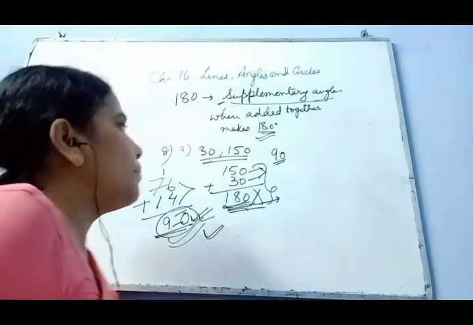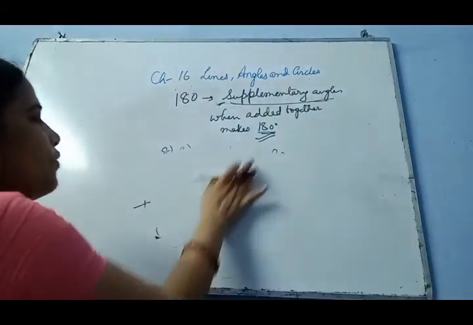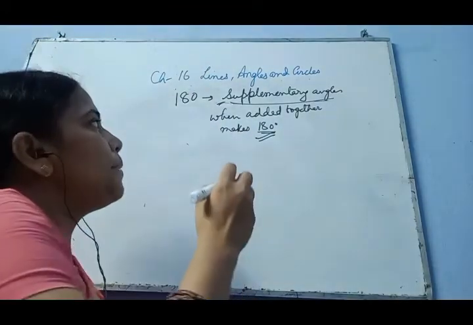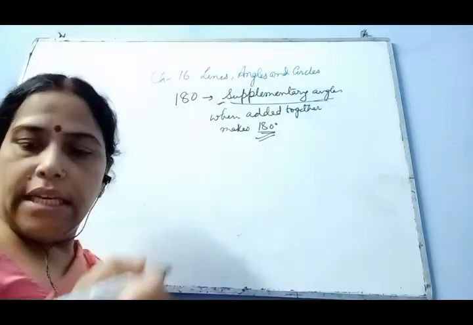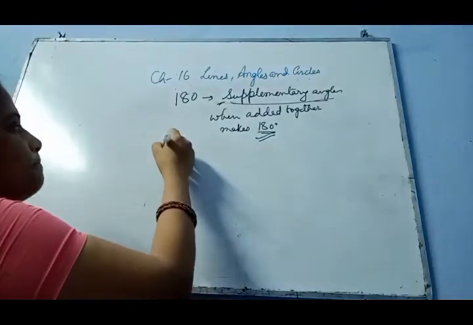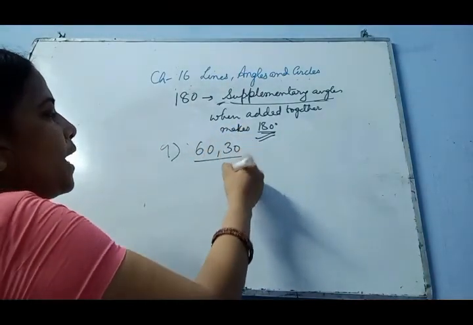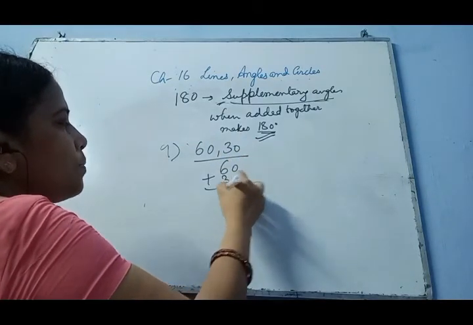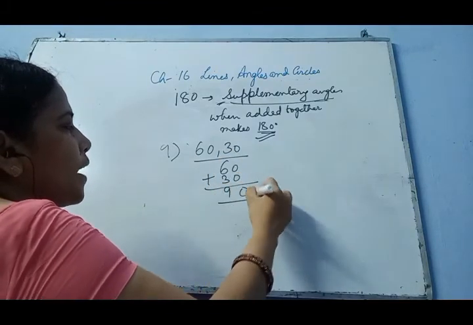Now question number 9. The same thing, only you have to find out whether it is supplementary or not. To find out supplementary, the angles added together should form 180 degrees. First one, 9A, 60 and 30. When we add 60 plus 30, what do we get? 0 plus 0, then 6 plus 3 is 9, so 90.